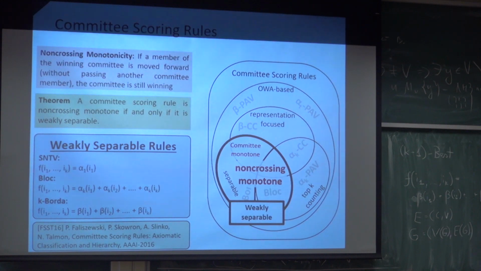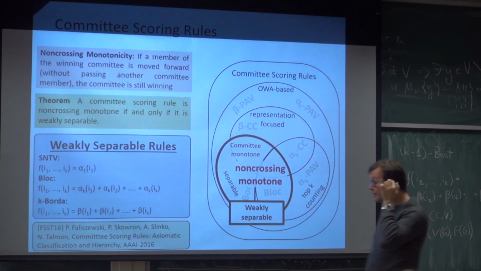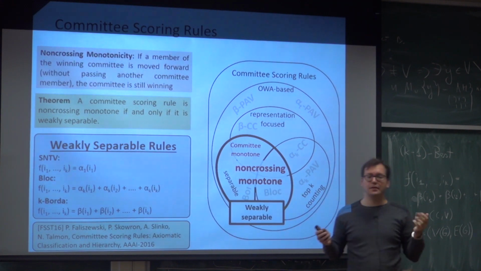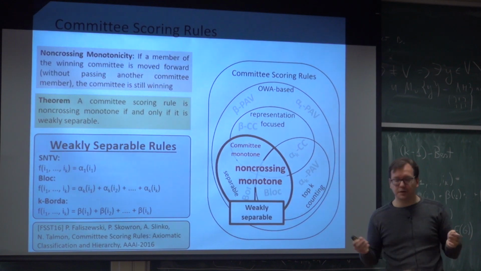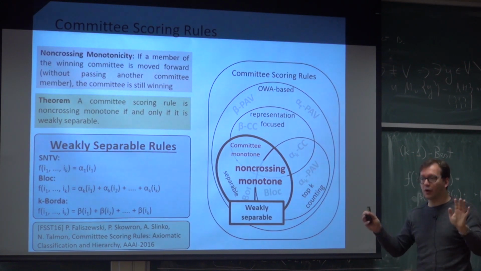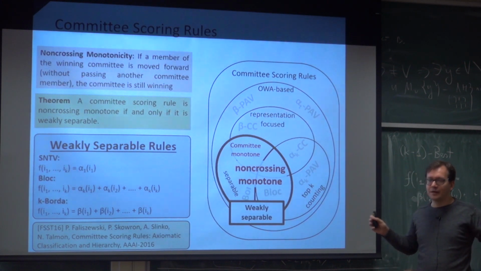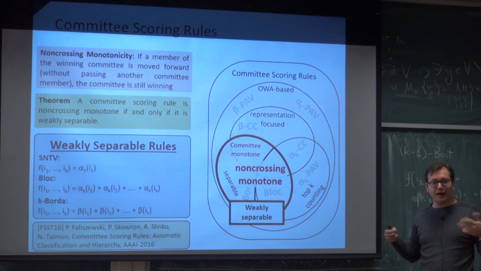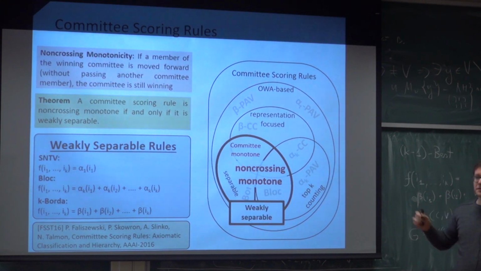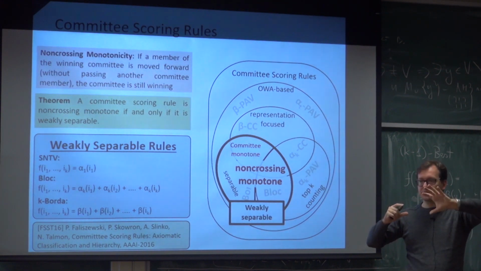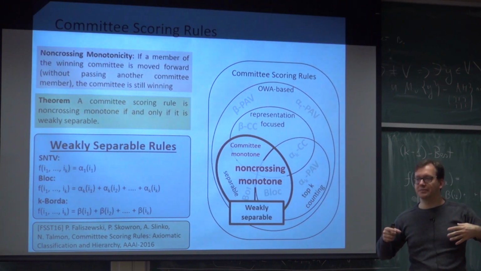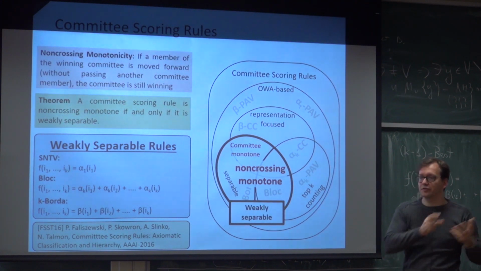And I'm claiming that these axioms are exactly what is very nice for shortlisting tasks. Committee monotonicity, we have already agreed on that. Non-crossing monotonicity is quite intuitive as well, because it means that if you have a team of strong guys and one of them improves without hurting anyone else from the team, then clearly the whole team got stronger.